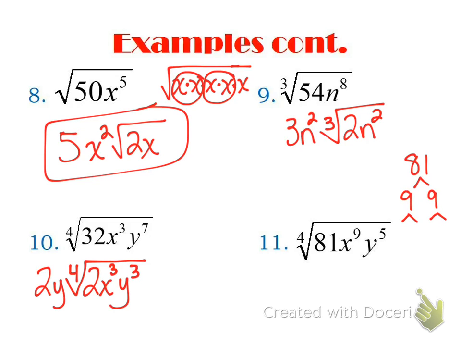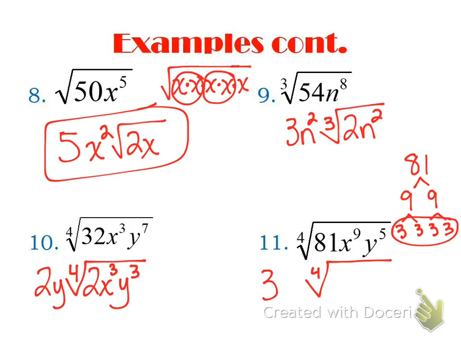The 9s both break into 3s. So I need a group of 4 numbers that are all the same. I've got a big group of 3s. Do I have anything left over? No. So what that means is that we'll have a 3 outside the radical. And then when we have our fourth root, we don't have a coefficient number inside anymore, which is fine.